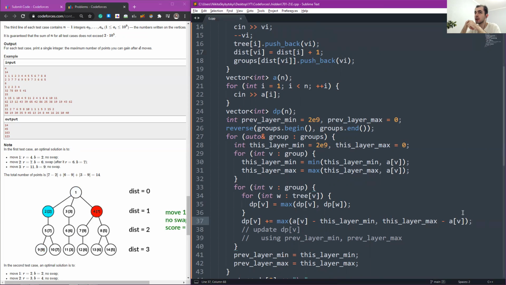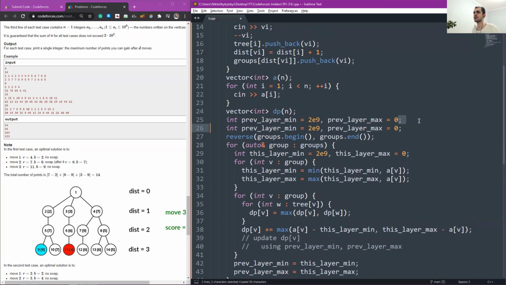Red coin for the next layer may be located in min or max also. That's not this. That's not this. This is different.